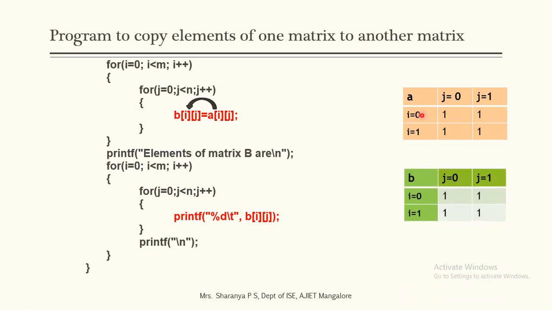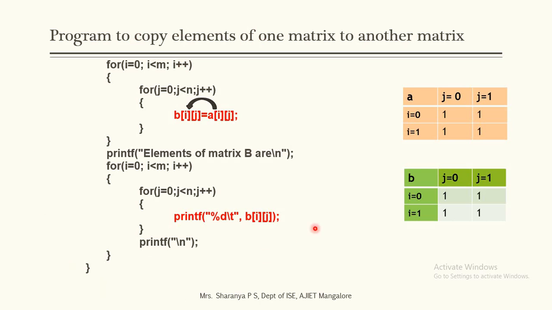If you look into the example here, this is one matrix and this is the other matrix that we got by copying these elements to matrix B. Where is the final resultant copied matrix? It is present in B of ij. That's why when we are printing, we have to use B of ij in the printf statement.